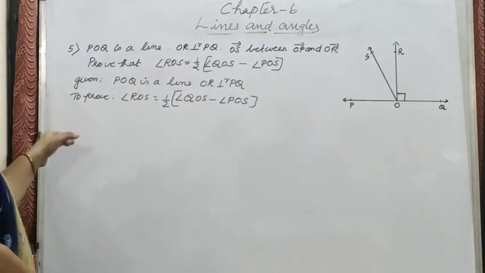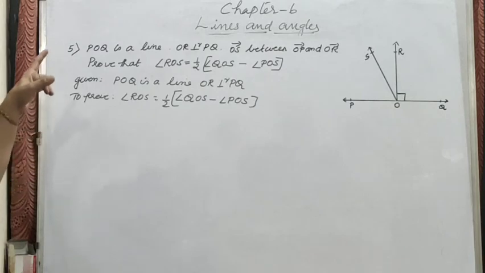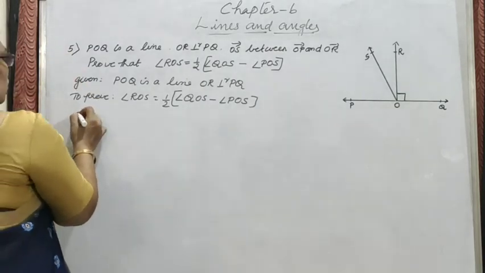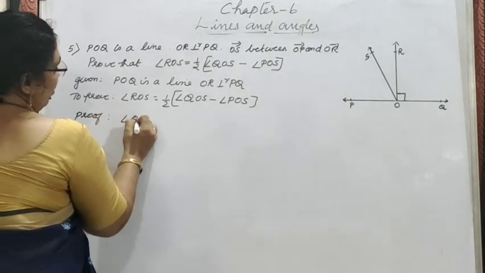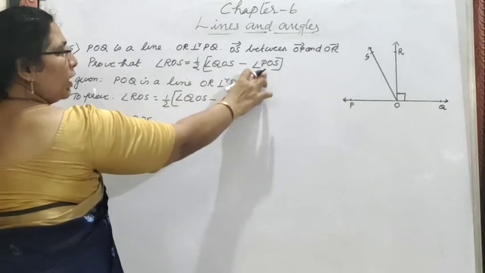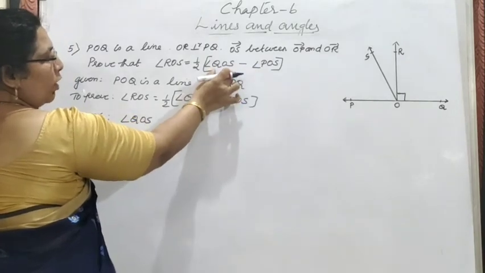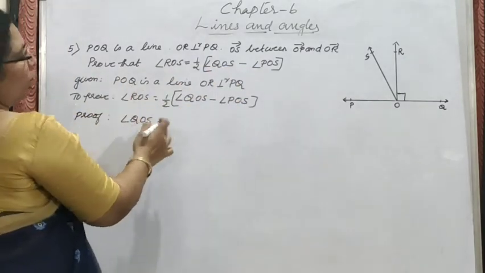So here we are changing the method a little bit. That is, we are starting from the right side. So proof, I'll start with angle QOS only. I have to take POS also, but I will consider only QOS.